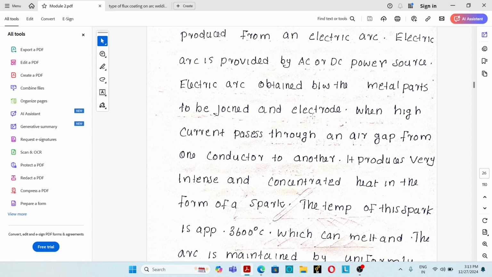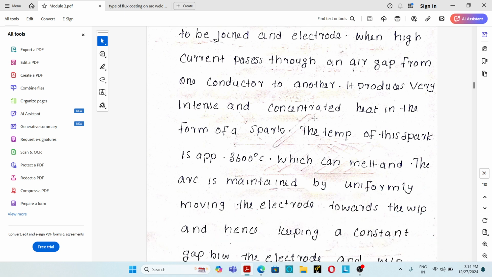When a high current is passed through the air gap from one conductor to another, that means electrode to workpiece, it produces very intense and concentrated heat in the form of a spark. The temperature of the spark is almost 3600 degrees Celsius, which can melt the base metal.